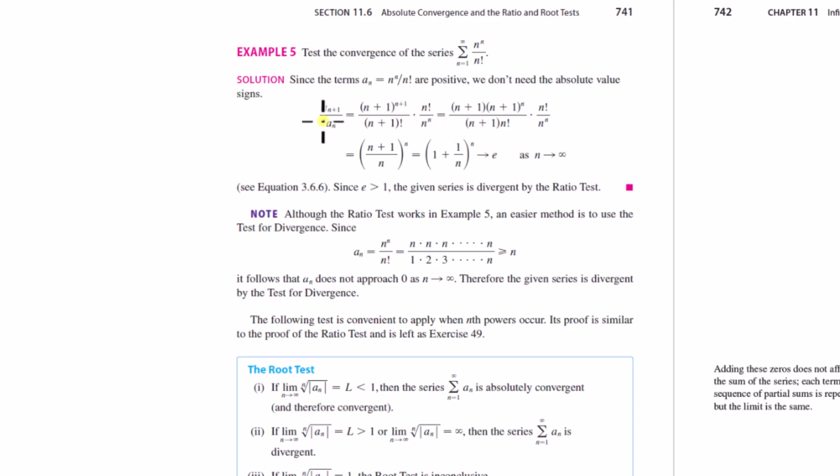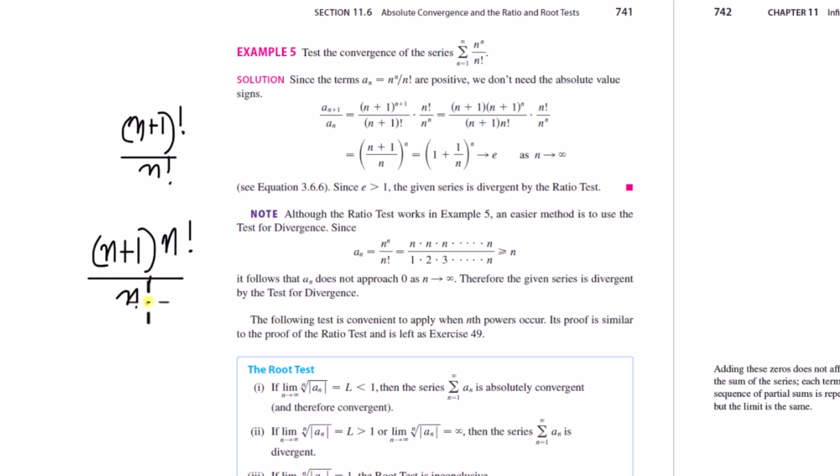Like n plus 1 factorial over n factorial: since you can write n plus 1 factorial as n plus 1 times n factorial, that simplifies to n plus 1. So that's why the ratio test is so useful for factorials.